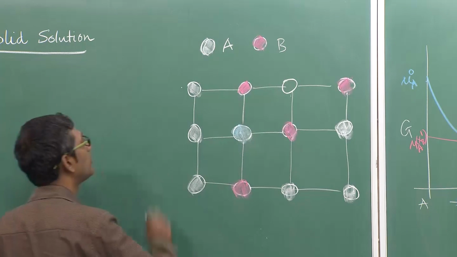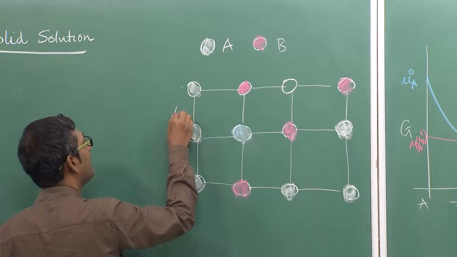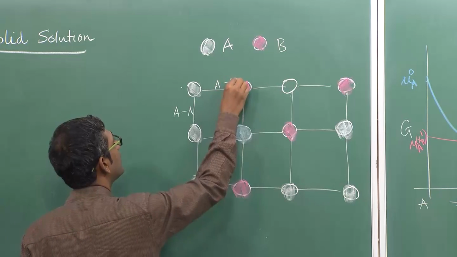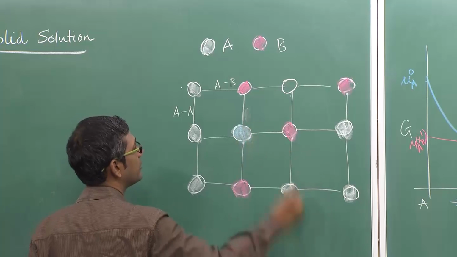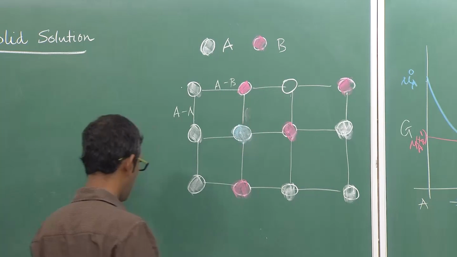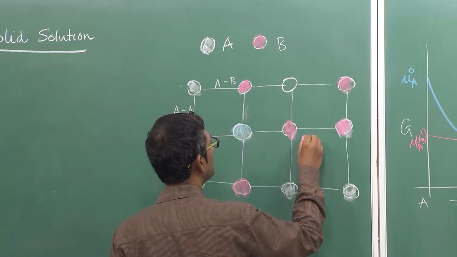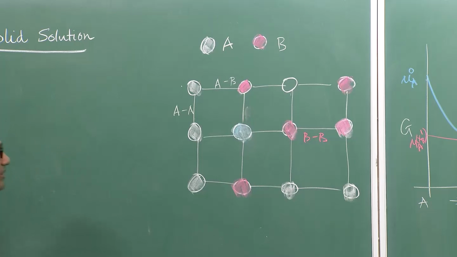As you see, there are three types of bonds here. One is between A and A, the other one is between A and B, and the third one is between B and B. Okay, is there any BB bond? Okay, let us make it. If there is none, okay, this is a BB bond. So there are three types of bonds present in solutions.